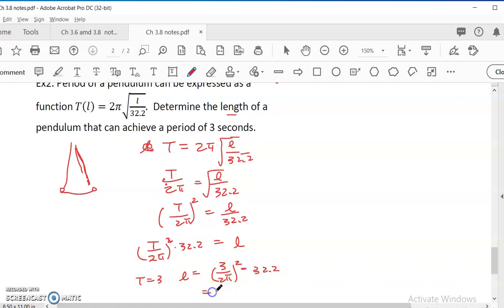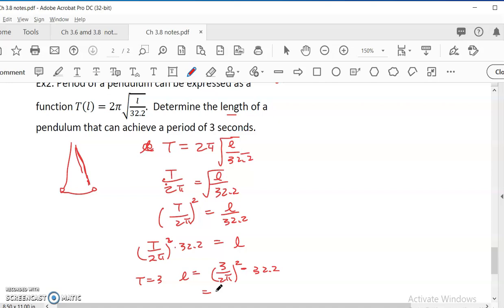So let's see what it is. On the calculator, it'll be 3 over 2 times pi. Okay, and then square this whole thing, and then times 32.2.